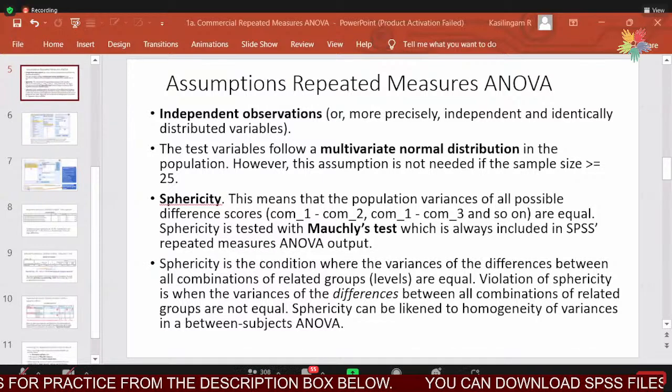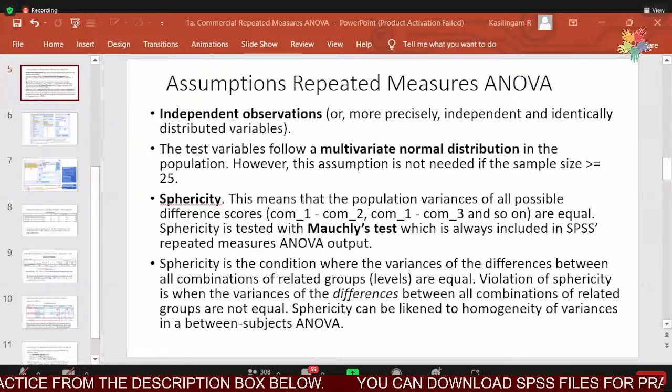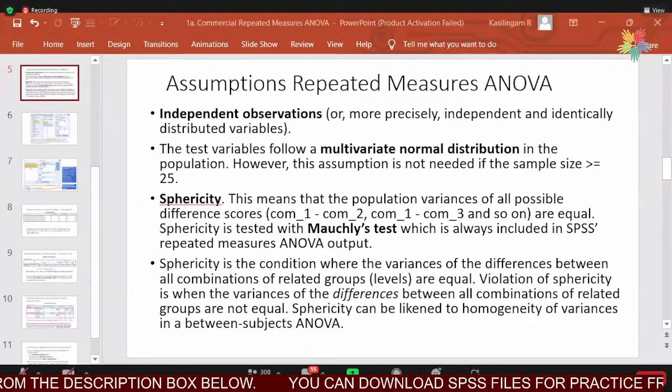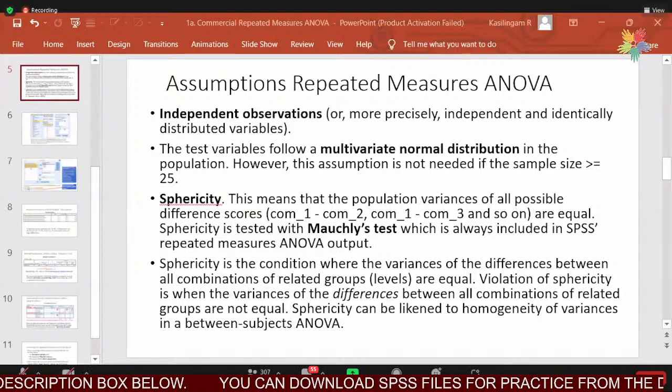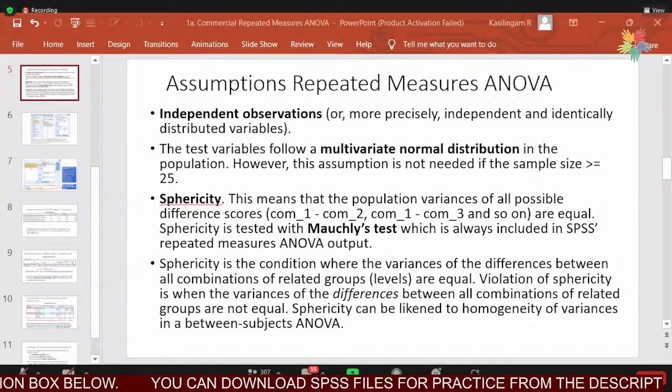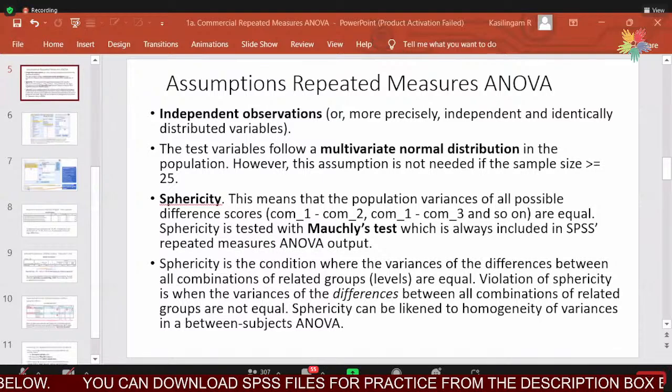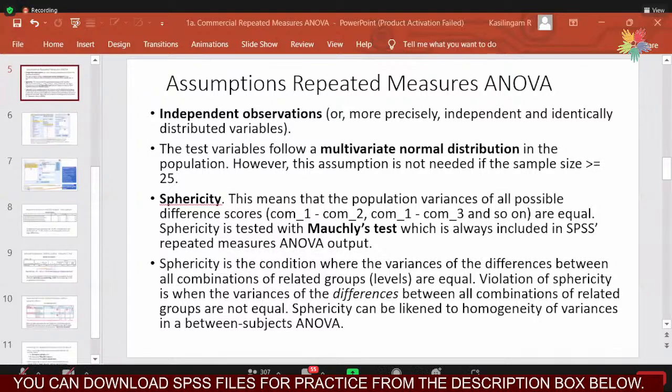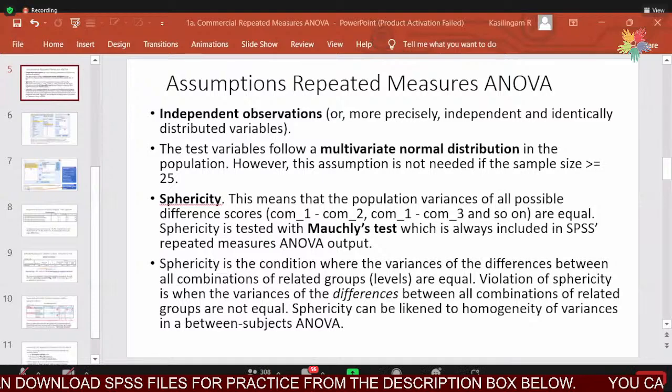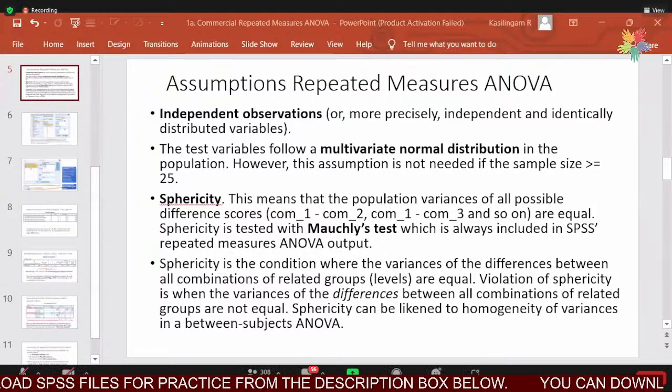First of all, I got two metric variables. Sir, the screen has not changed.